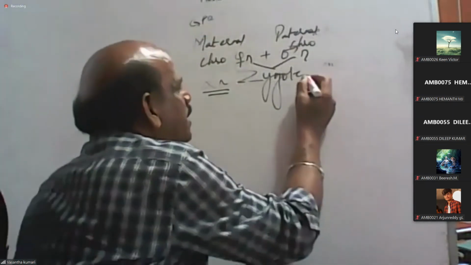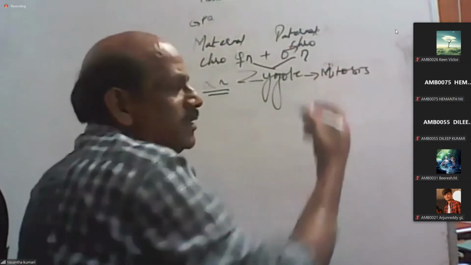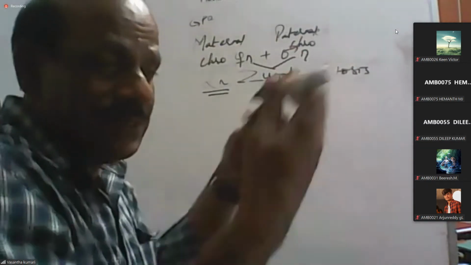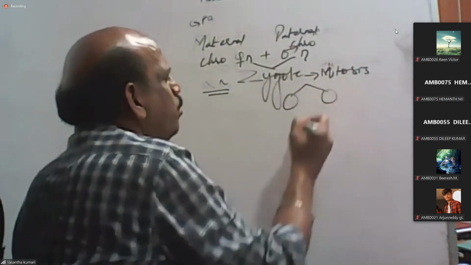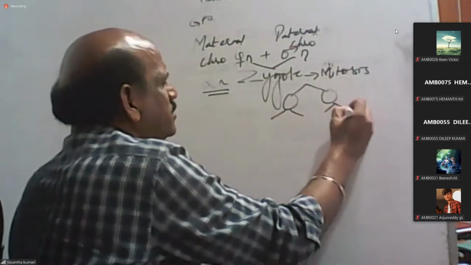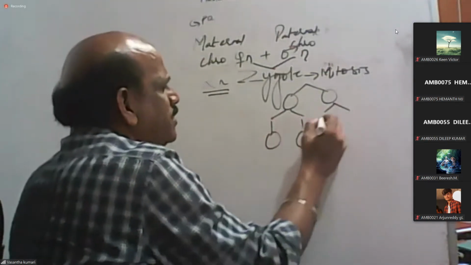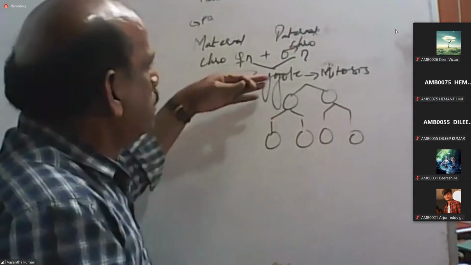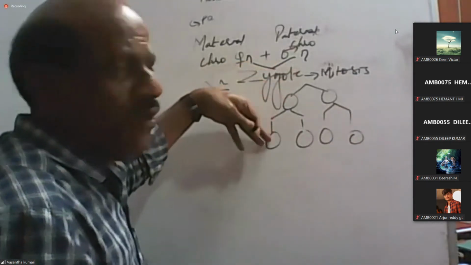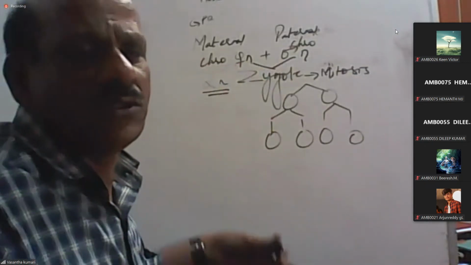The zygote undergoes mitosis. The descendant cells, after mitosis, you'll get two cells. Both the descendant cells will undergo mitosis. Further, these descendant cells will undergo mitosis. And one cell becomes 2, 2 becomes 4, 4 becomes 8, 8 becomes 16, 16 becomes 32, and so on and so forth.